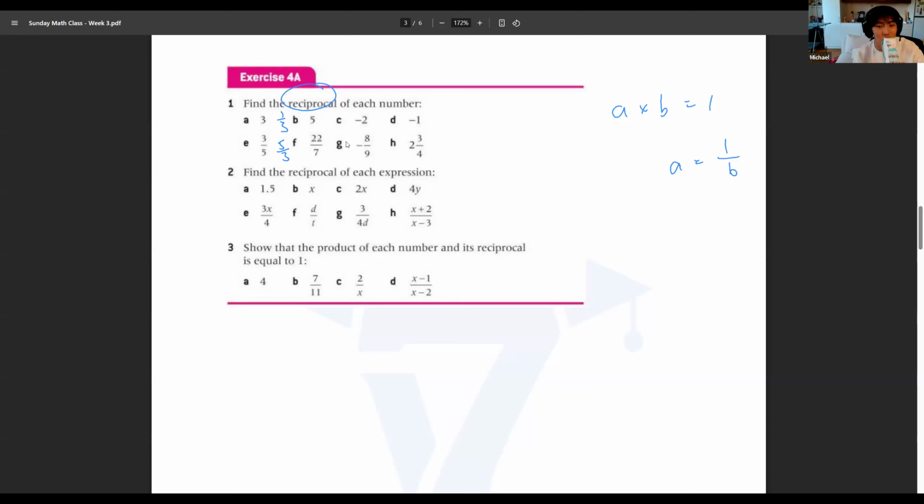If it's correct, just move on. Okay, everyone's looking good.